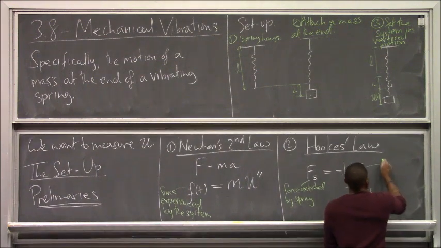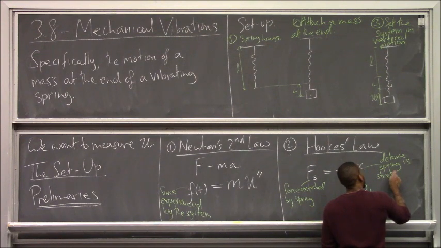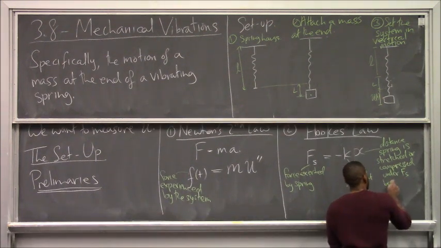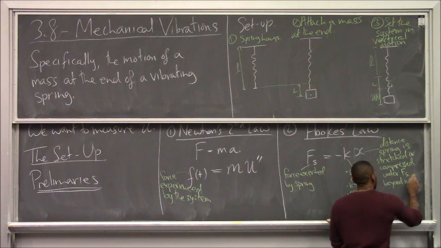And x is the distance the spring is stretched or compressed under this force F sub S beyond its natural length. So the little l is not included in this distance beyond natural length.